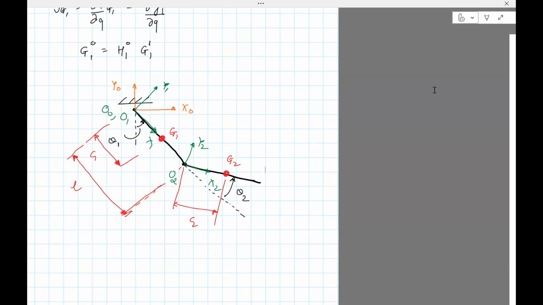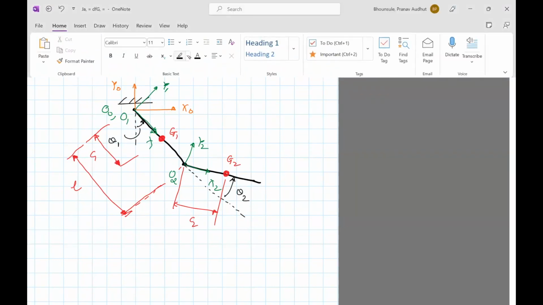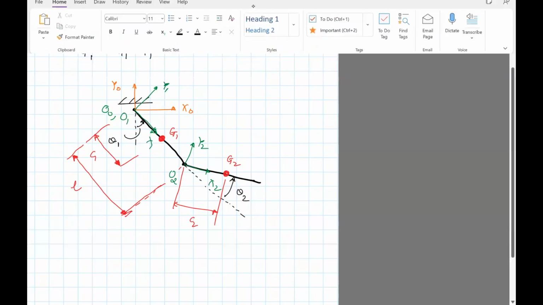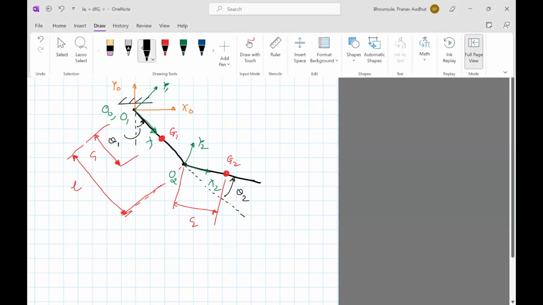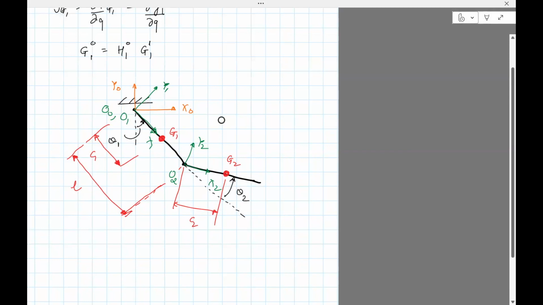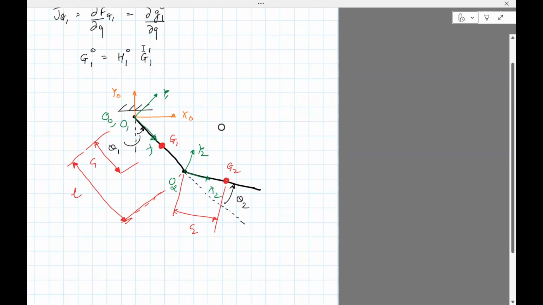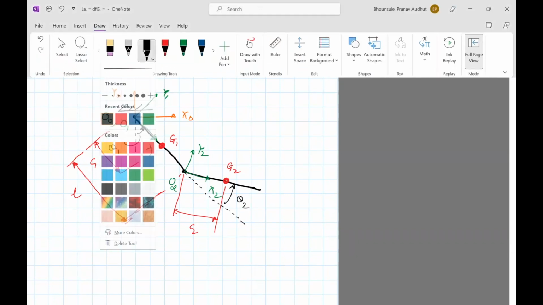That basically follows from the homogeneous matrix derivation. There's nothing new there. Let's try to write what g1 in frame 1 is and H1 in frame 0 is.